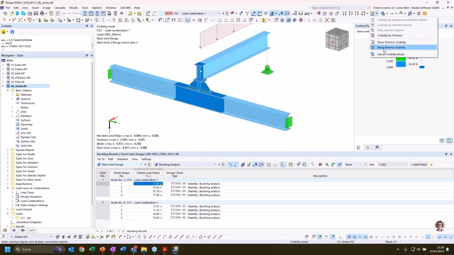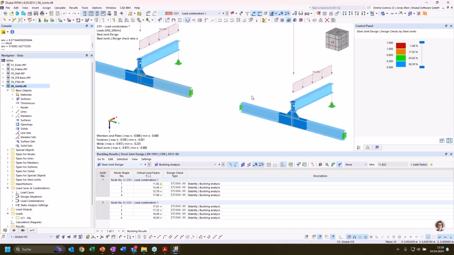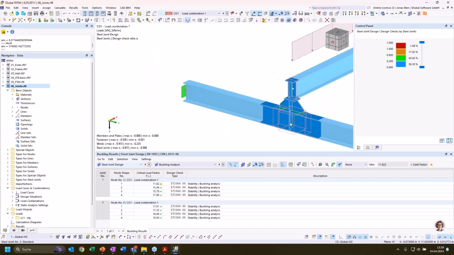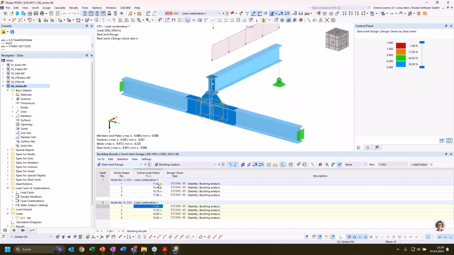So I have also a second configuration of this specific connection, where I just added a stiffener in the main beam, and we see that the critical load factor for this configuration has already increased from 11.8 to 17 just by adding these stiffeners to the main member web.